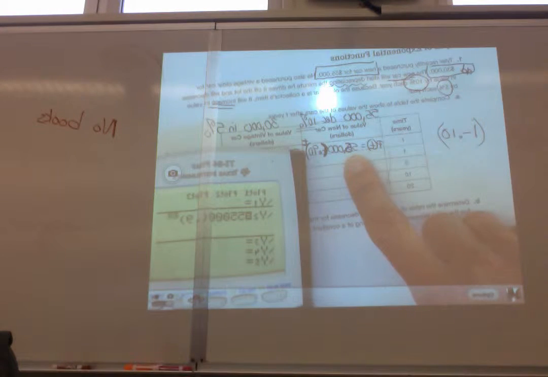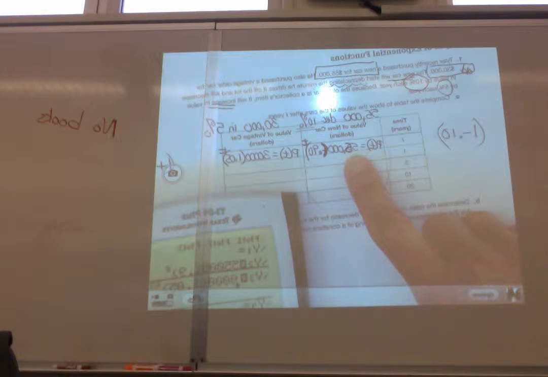Then I'm going to go down one. Are you with me so far? 30,000, parentheses, 1.05, close the parentheses, raise it to an x. So those are my two functions.